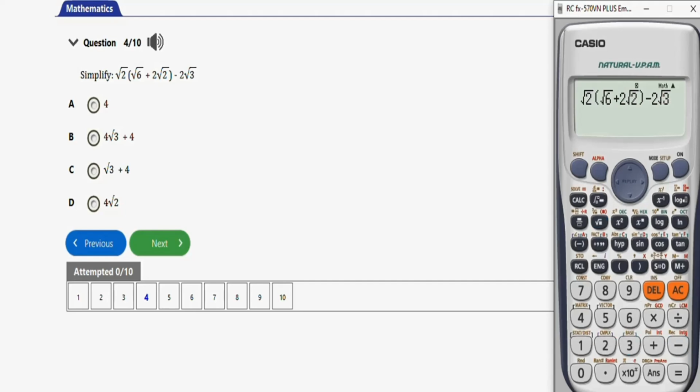So that's what we have there. Press equal to. The right option is option A. It's as simple as this. So that's it for this question.